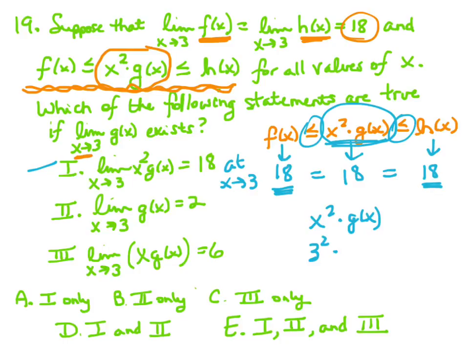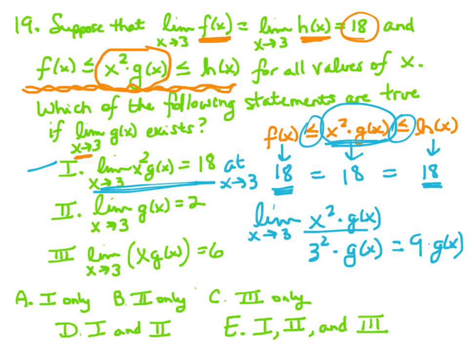I get 3 squared times g of x, which is 9 times g of x. And we already discovered in statement number 1 that the limit as x approaches 3 of this is equal to 18. So if 18 is equal to 9 times g of x, then g of x must be equal to 2. And so this statement is also true.